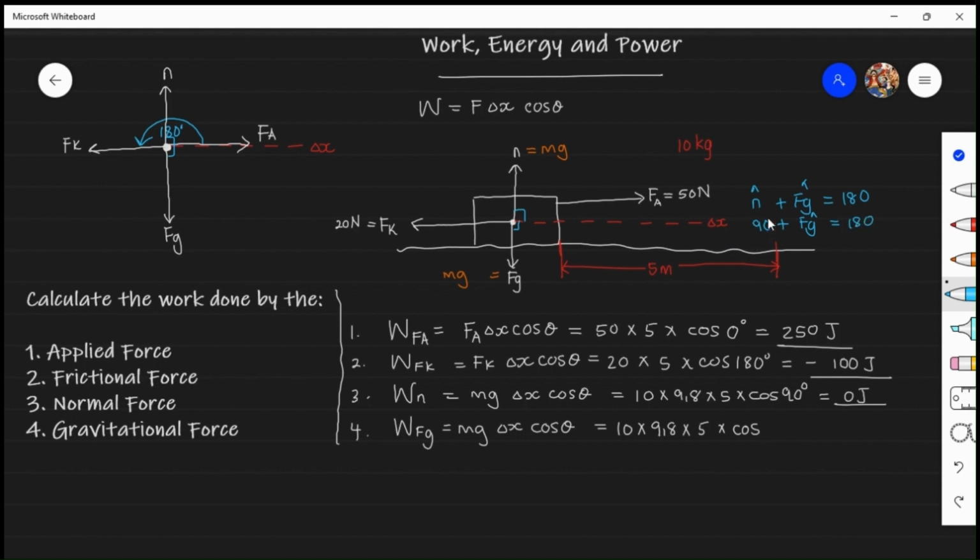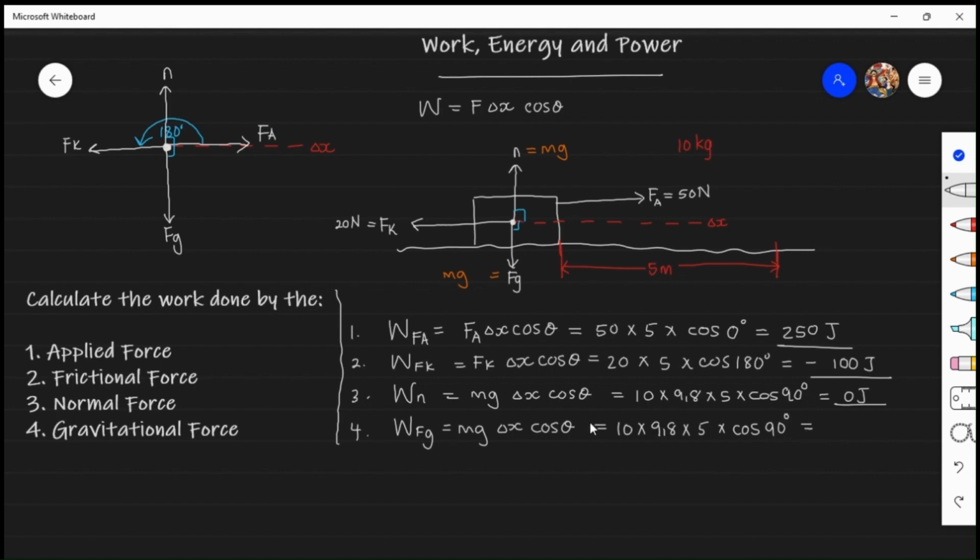So the angle of Fg equals 180 minus 90, which would then be 90 degrees. Now, another way of thinking about it is just to look at Fg and displacement. You can see that they are at right angles to one another. So the angle between them is going to be 90 degrees.